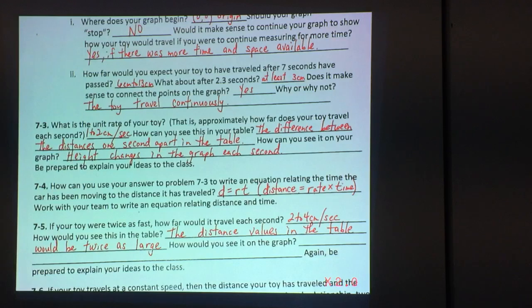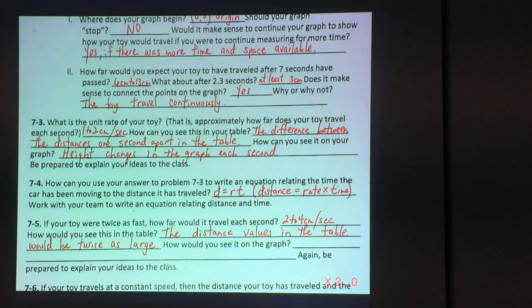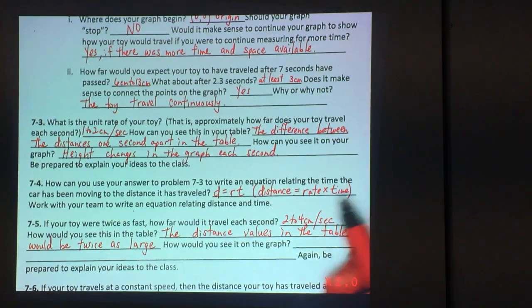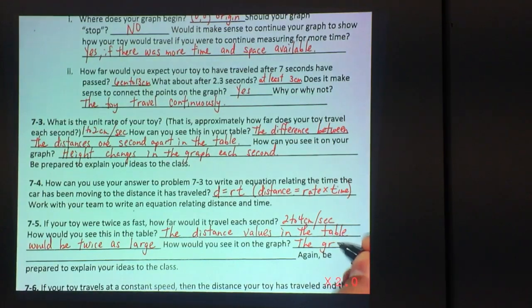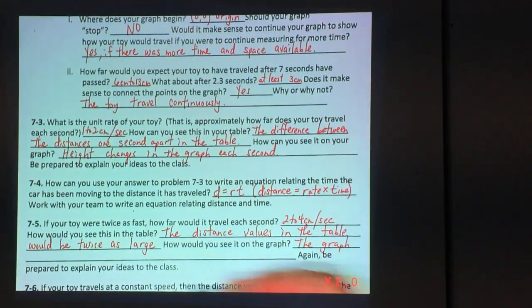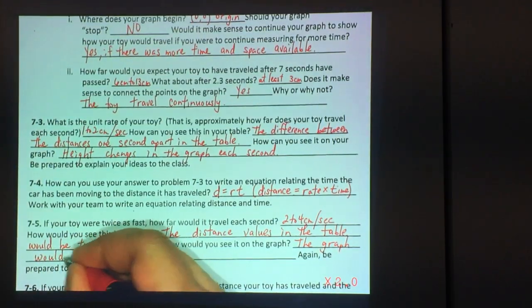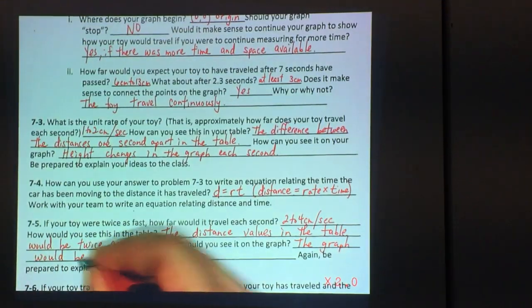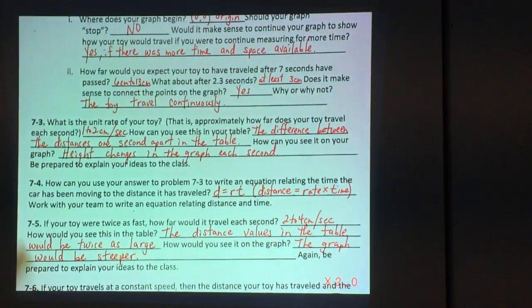How would you see it in the graph? So when something goes faster, what happens to your graph? Does it lay down flatter or is it more steep? The graph would be steeper.